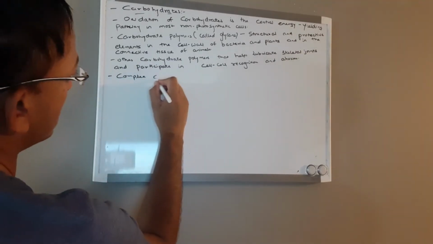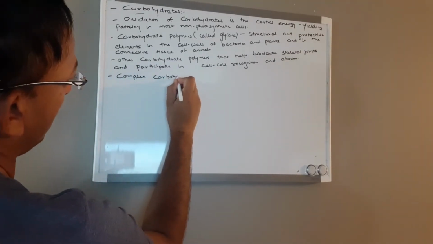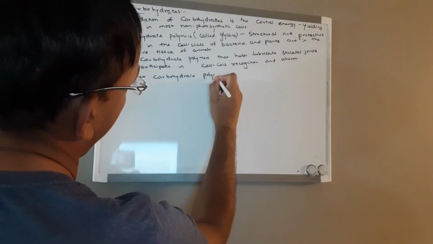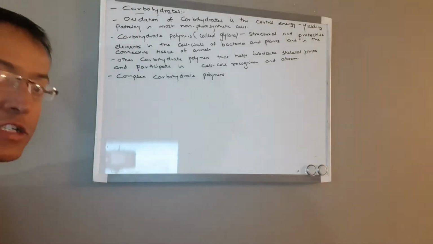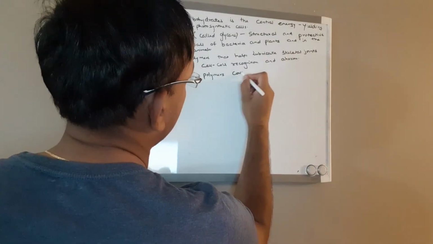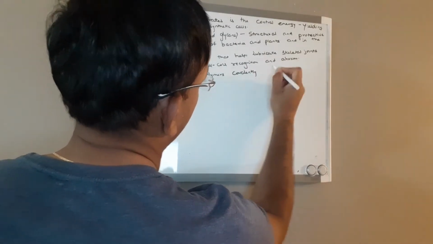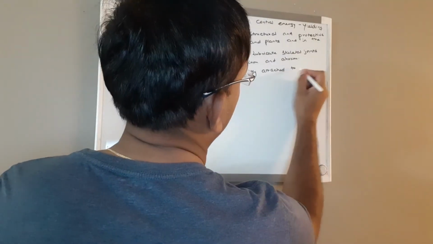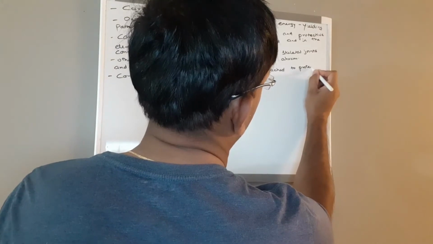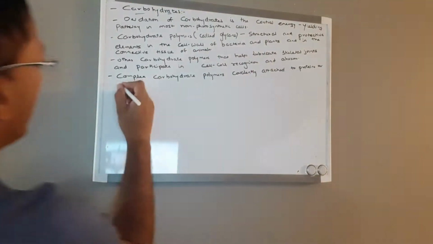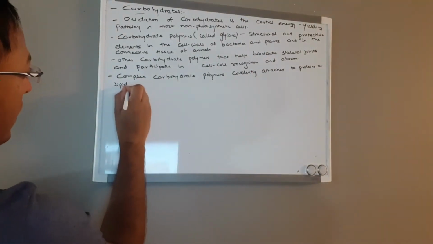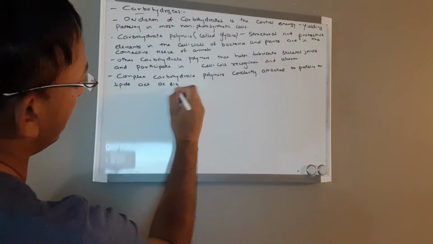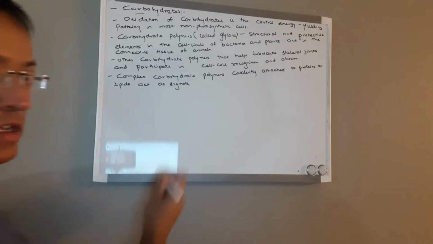So there are complex carbohydrate polymers. What they do is covalently attach to proteins or lipids that act as signals, right?